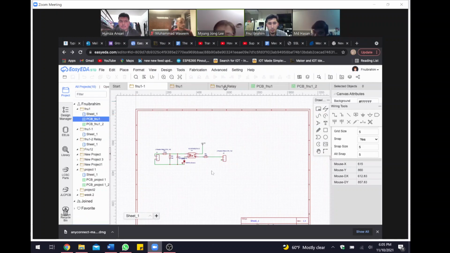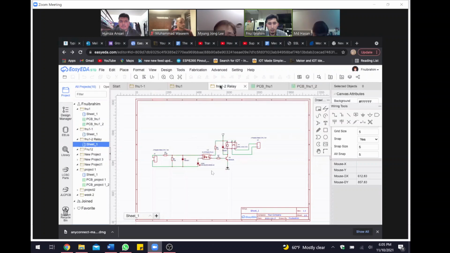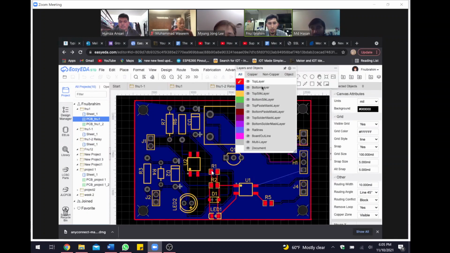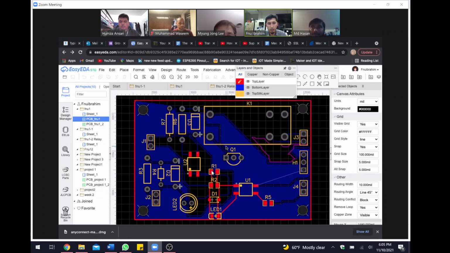Like you see here, I want a relay. Once you design that, it suggests this layout, right? Okay. And I could do a 3D part too. In the 3D, so here you just incorporate this ESP32, right?